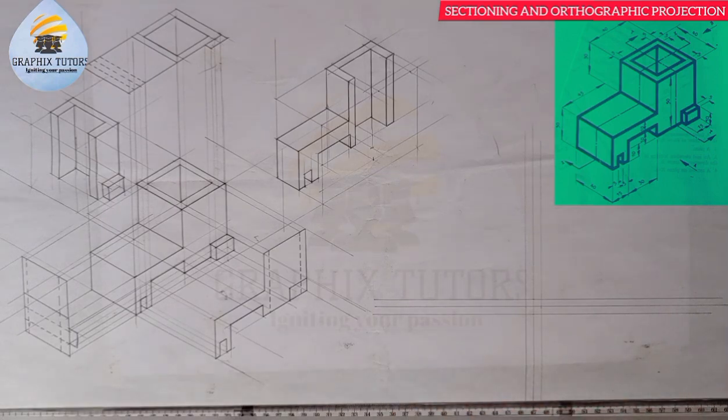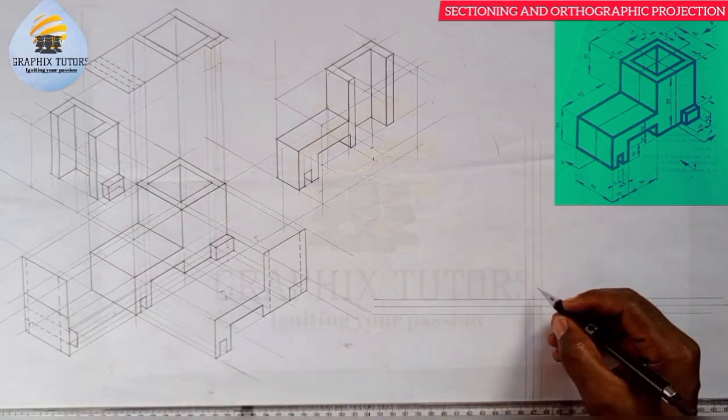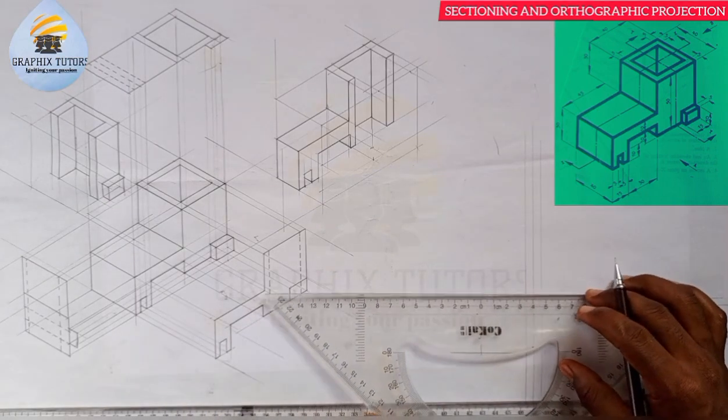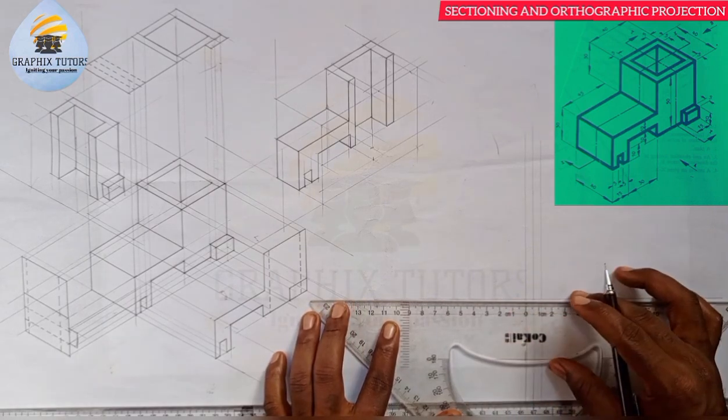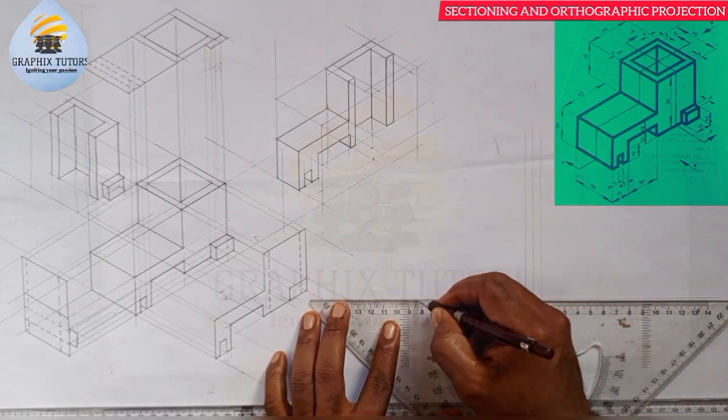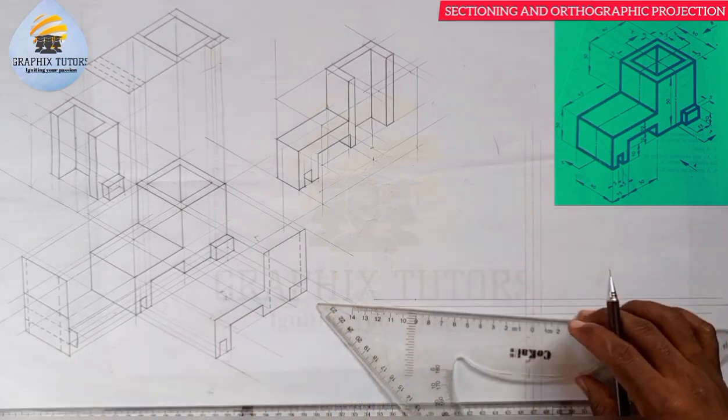So the entire length here, from what we can see in our diagram, is given to be 85, right? So I'm going to measure 85 on my meter rule here, starting from the reference point here. So from 0, this is 0, this is 85, right?